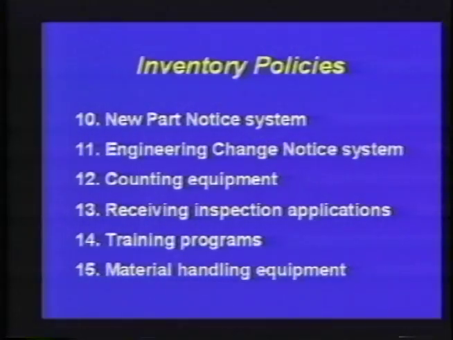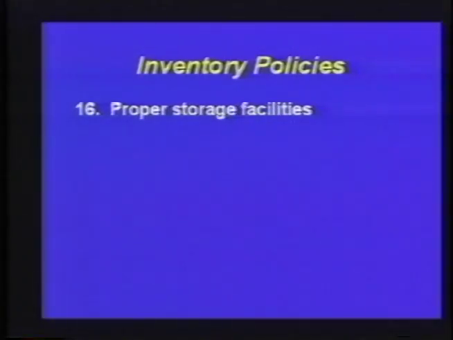Material handling equipment, as identified by item 15, is an identification of the various types of material handling and transporting equipment that you may need to support the maintenance management planning and scheduling work order system. We also have to consider proper storage facilities within the storeroom. That is addressed by item 16.